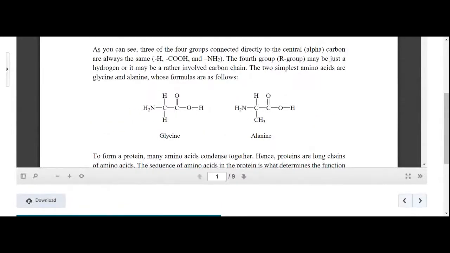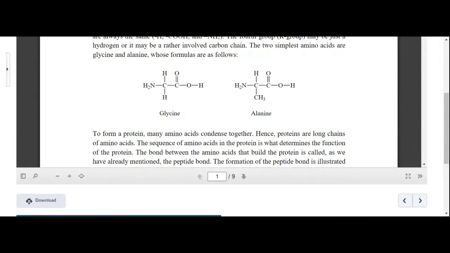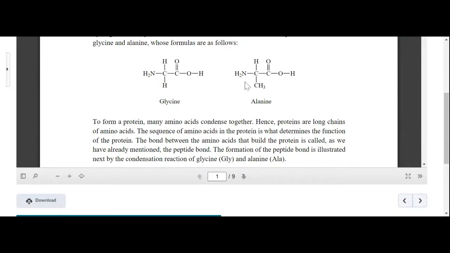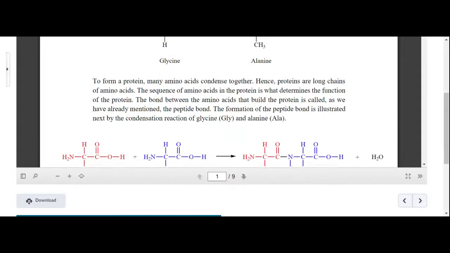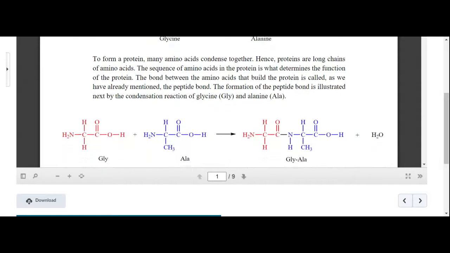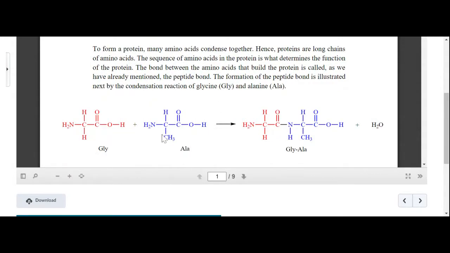Protein forms as a result of formation of a bond between amino acids. If two amino acids form a bond, it basically condenses: an OH from glycine and a hydrogen from the NH2 of alanine form water, and a new bond forms that is called a peptide bond, a bond between two amino acids.